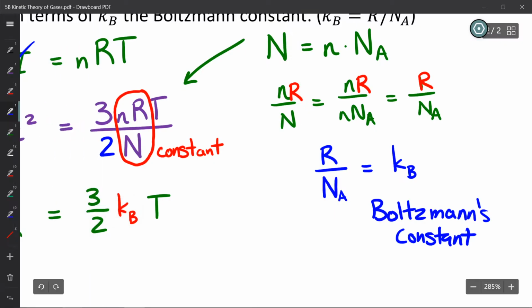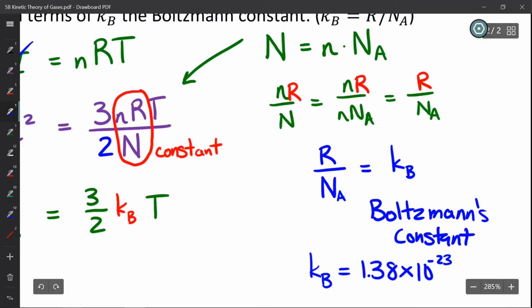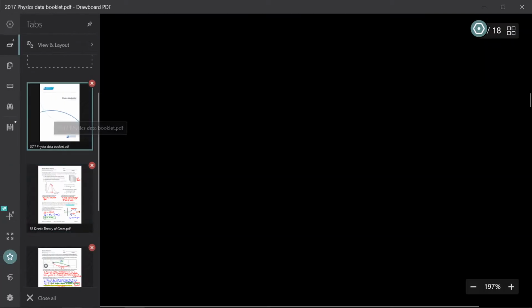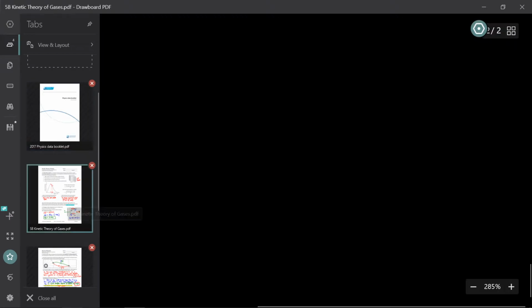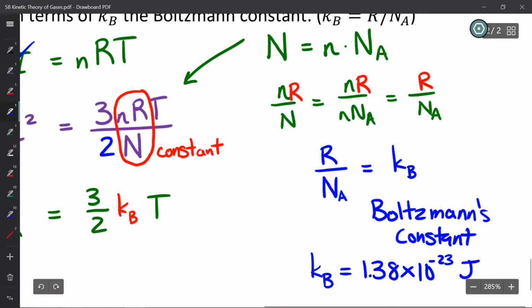So I'll write it down here. k_B is equal to 1.38 times 10 to the negative 23rd, and the units are, well, I don't remember, joules per Kelvin. Okay, there we go.